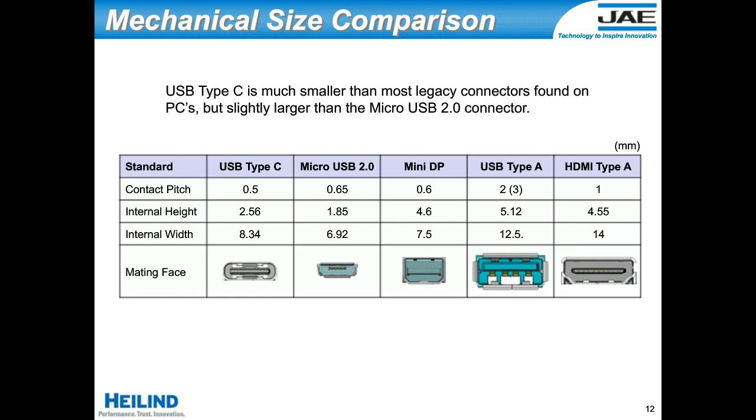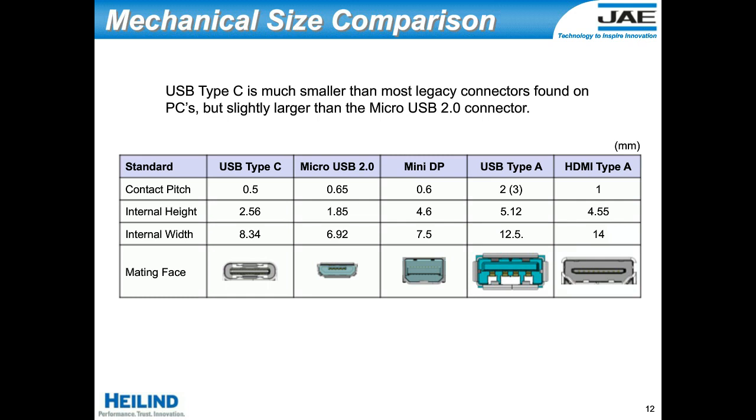So you can see that there is a penalty to pay for having to support so many features and functions. The connector had to include 24 pins, whereas an equivalent micro USB 2.0 connector only had 5 pins inside. So it is basically impossible to keep the connector at that size.